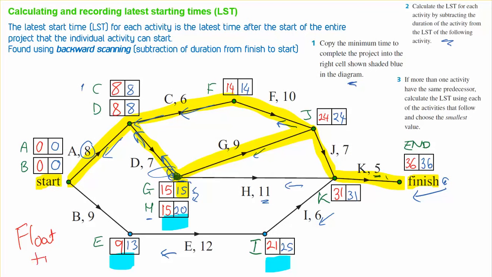So in this case, the float time for E is 4. The float time for I is 4. And the float time for H is 5. You might be asked a question saying, what is the biggest float time in the graph? And in this situation, the answer would be 5.